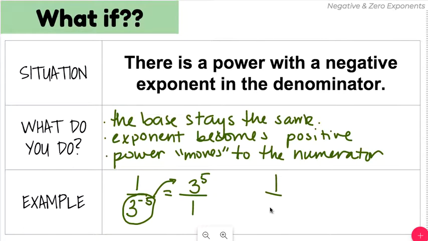Let's look at one with a variable. So negative 7 has to become positive 7. X stays X. So in order to make my negative 7 positive, I have to take my power from the denominator and move it up to the numerator. Now, technically, we don't put answers over 1.